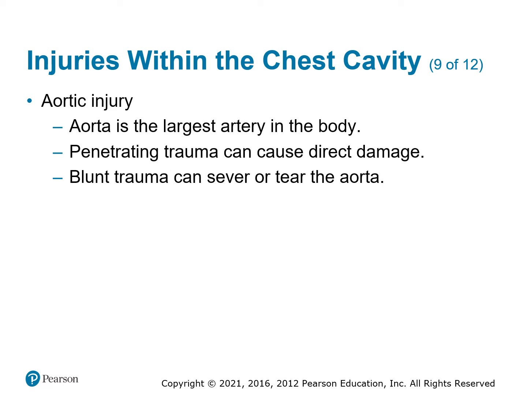Penetrating trauma can cause direct damage to this, and you will have massive blood loss in short order depending on that penetrating trauma. Blunt trauma, as we talked about a couple of slides earlier, can actually sever or tear the aorta. If that occurs, it's almost a certainty that they will lose blood so fast that the outcome is going to be very poor, resulting in death.